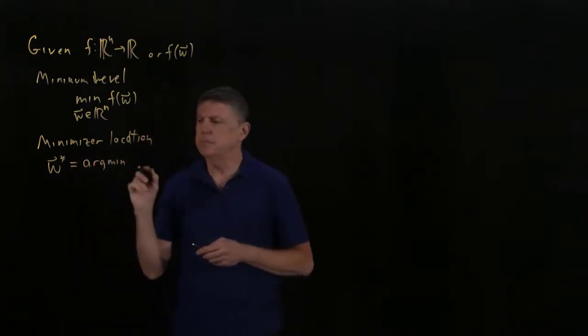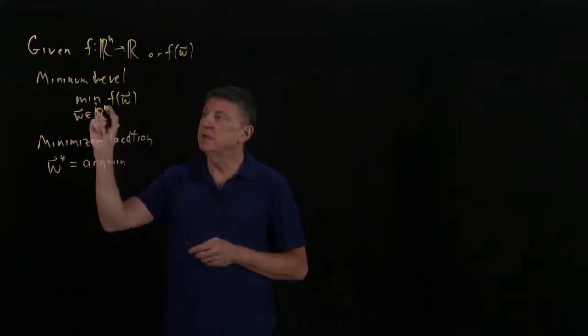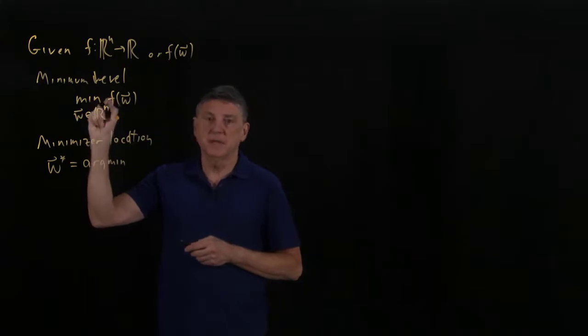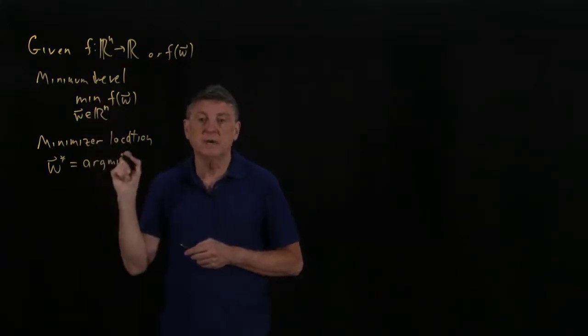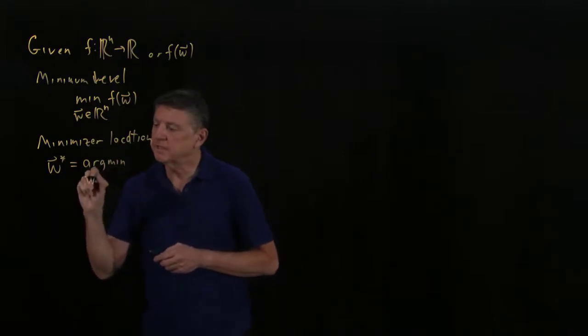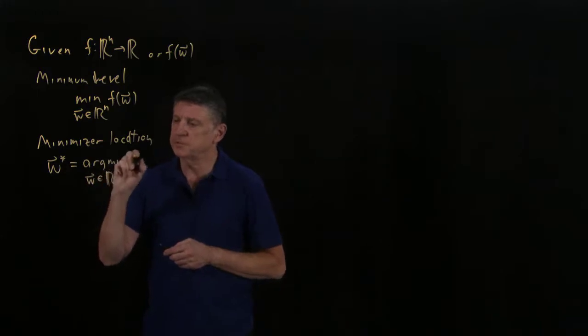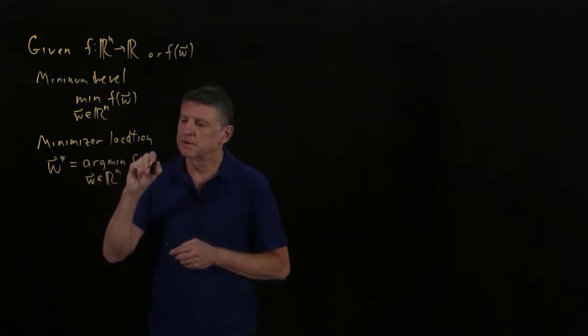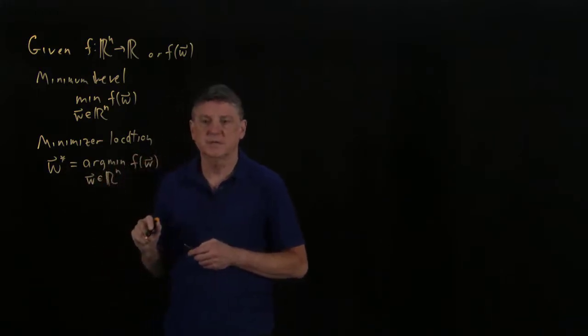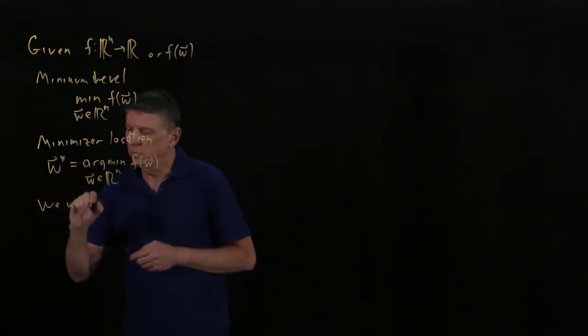It'll be the argmin, and argmin is the argument that gives you the minimum. So here it's what is the minimum level, and here is what is the vector argument that gives you that. And so we would write the argmin over all vectors in the vector space of the function that we're interested in.